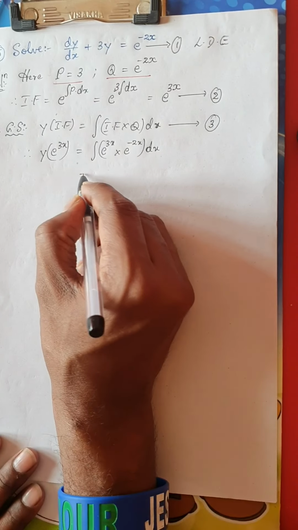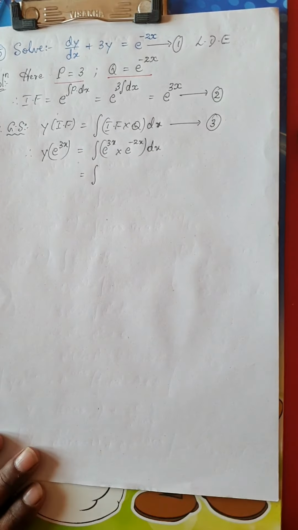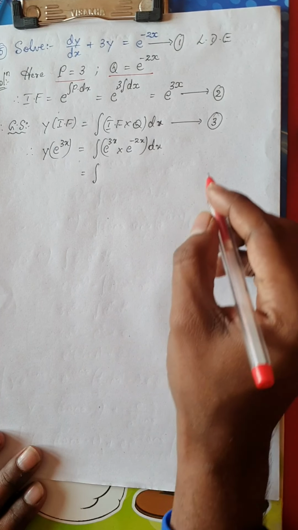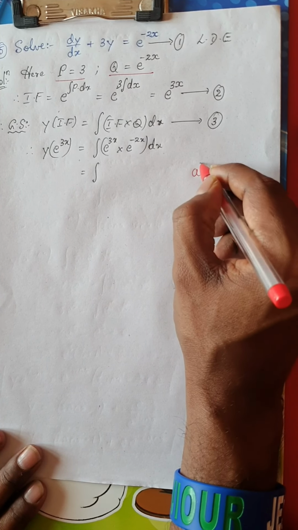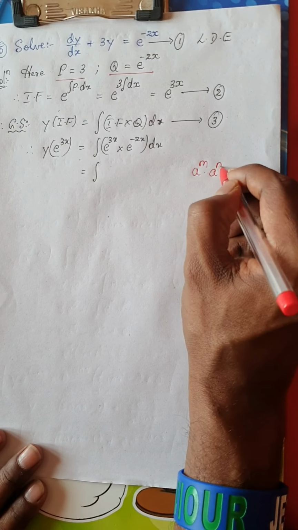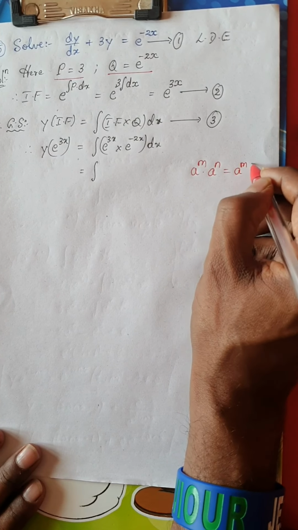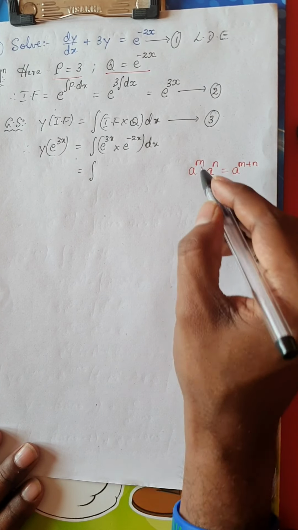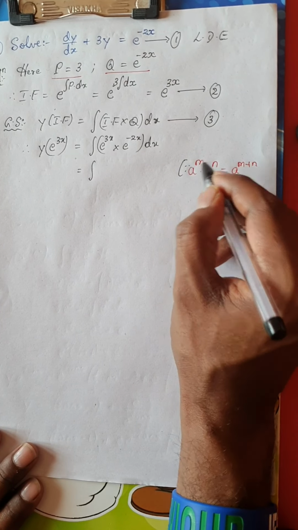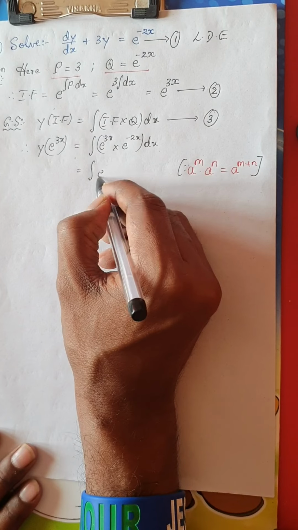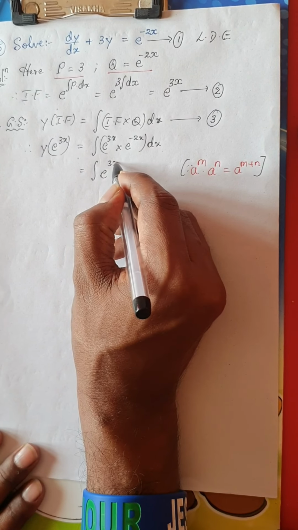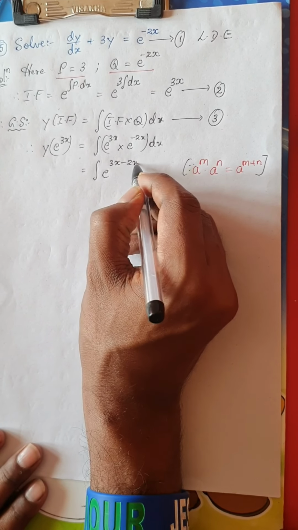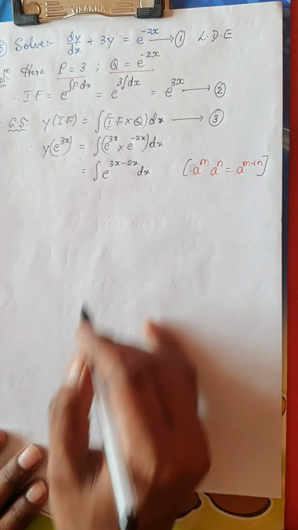So this is nothing but the integral of, we know the laws of logarithms already, isn't it? We have a power m into a power n can be written as a power of m plus n. Using this property, you can write this as e power 3x minus 2x dx.